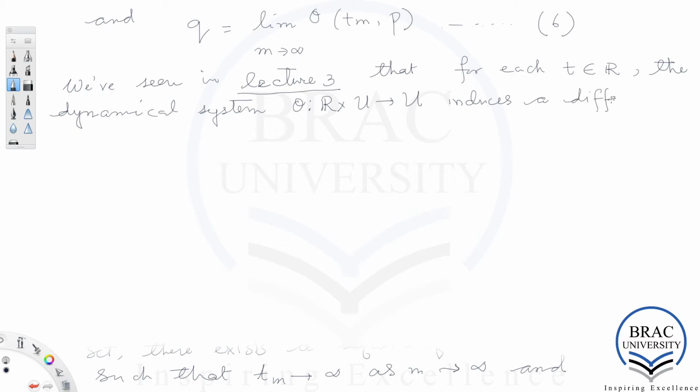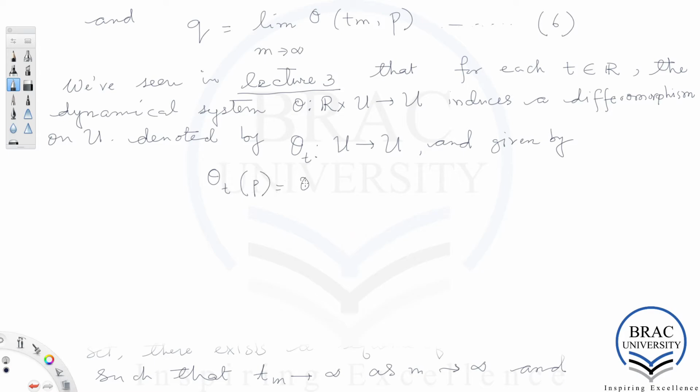By diffeomorphism we mean a bidifferentiable map, meaning a differentiable map with a differentiable inverse, on U, denoted by theta sub t from U to itself, and given by theta sub t at P is simply theta t comma P, and this happens for all P in the open set U.